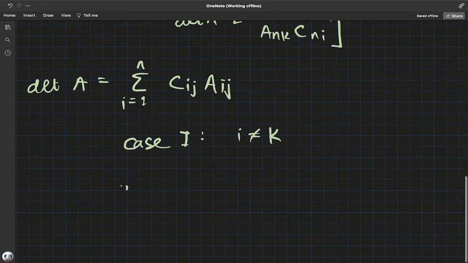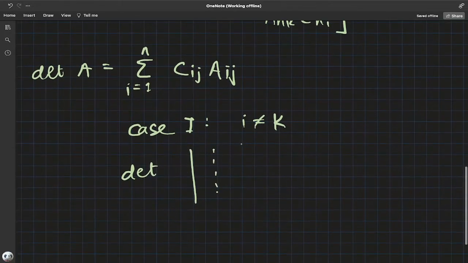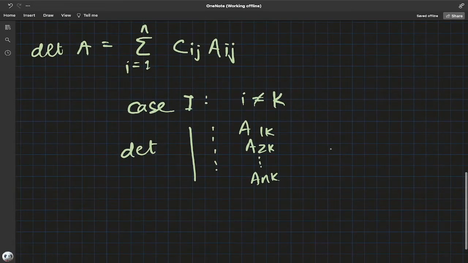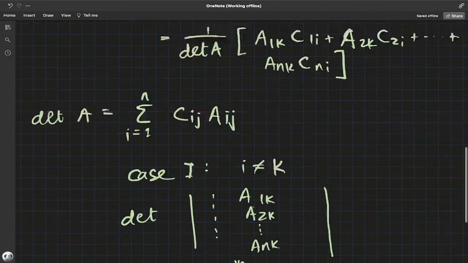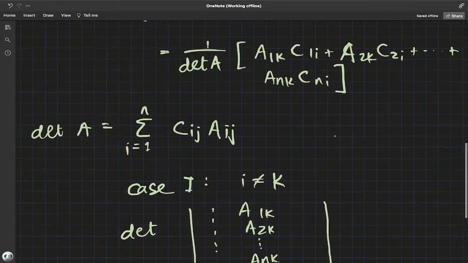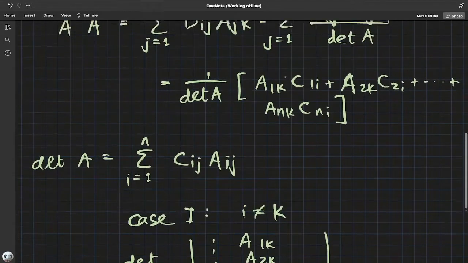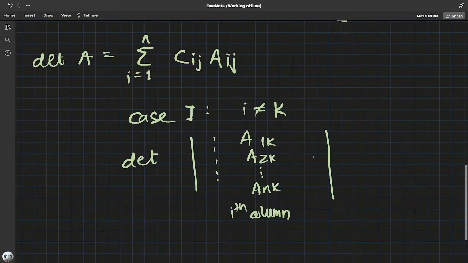This is the determinant of a modified matrix where the ith column is actually the kth column from the original A matrix. So the ith column is replaced by the kth column from the original matrix. But now the issue is when we take the determinant of this thing, that's what this expansion is, right? The determinant of this modified matrix.